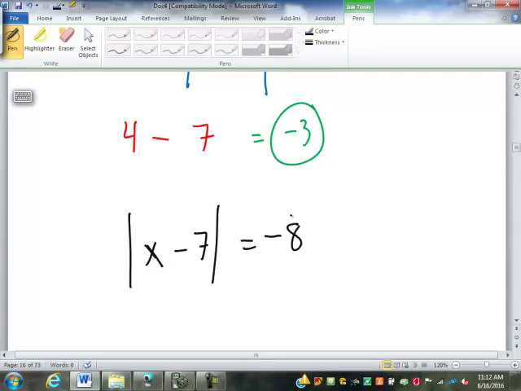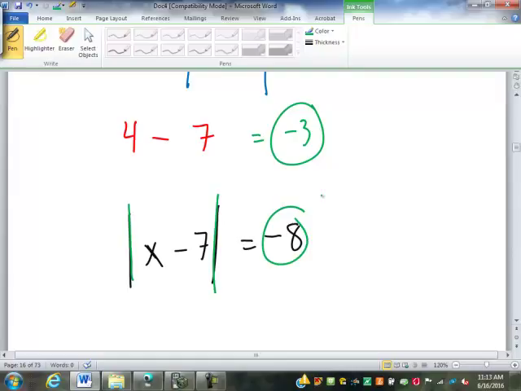Now this problem here is not as tough as it looks, because there's really nothing for us to do. Can you tell me why? What's that? Well, we've looked at solving equations to just try to solve for x. The problem is, I'm saying that the absolute value of something is equal to -8, right?